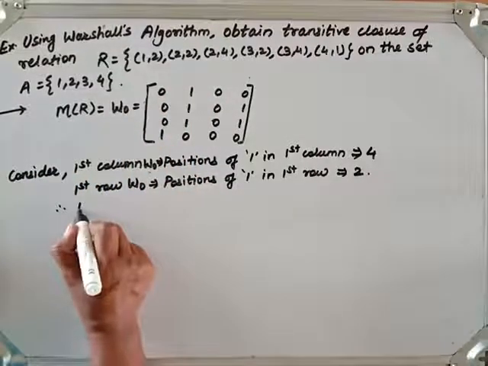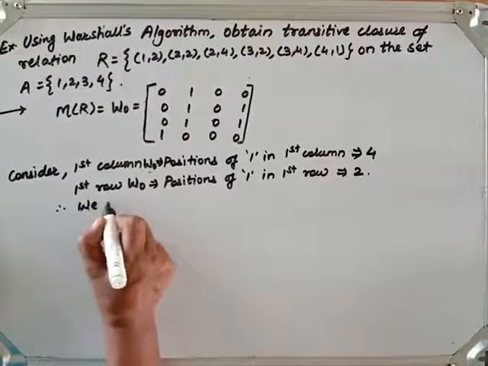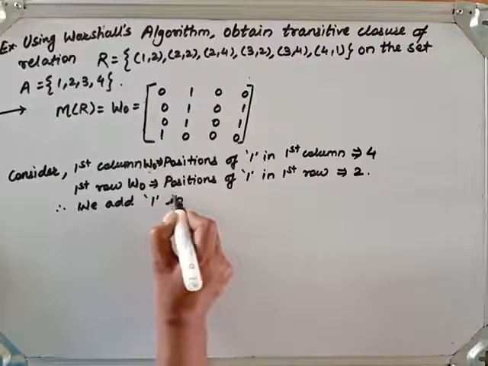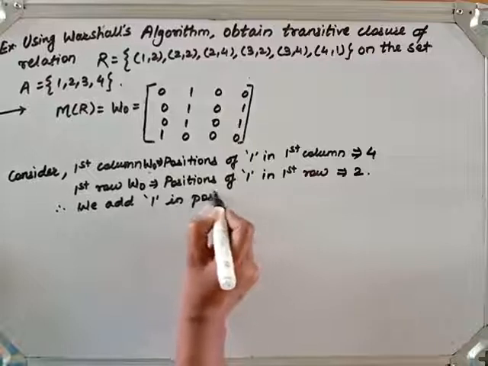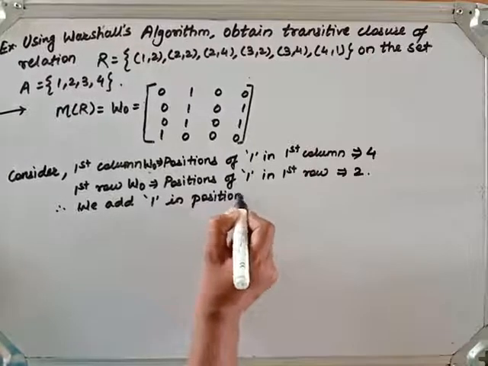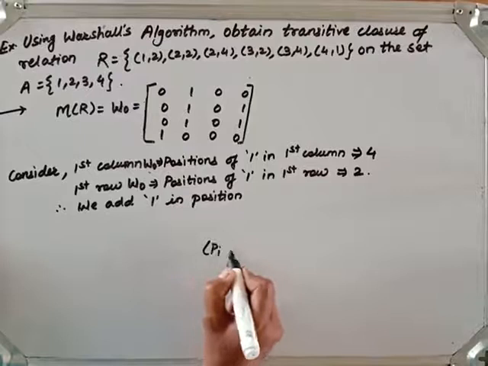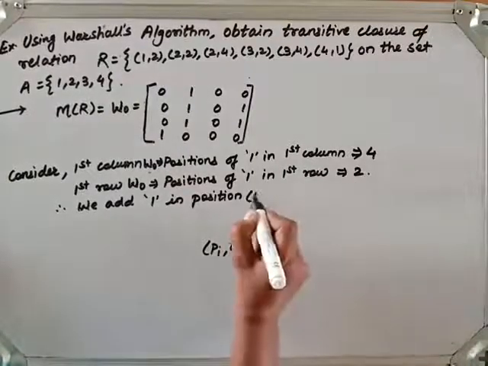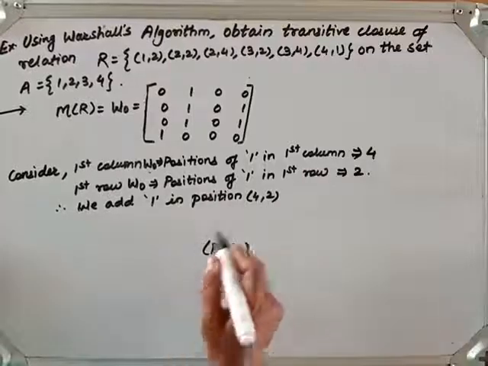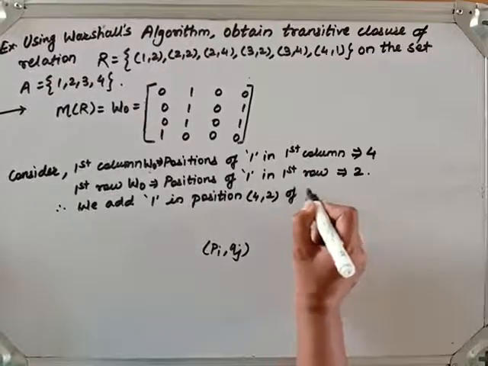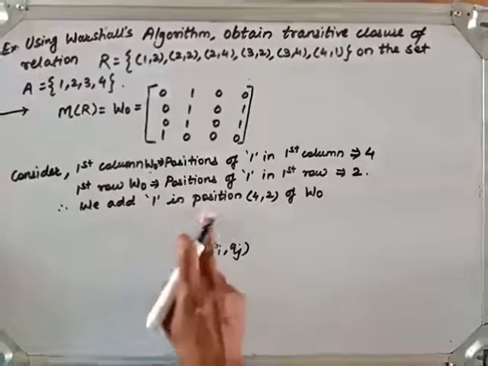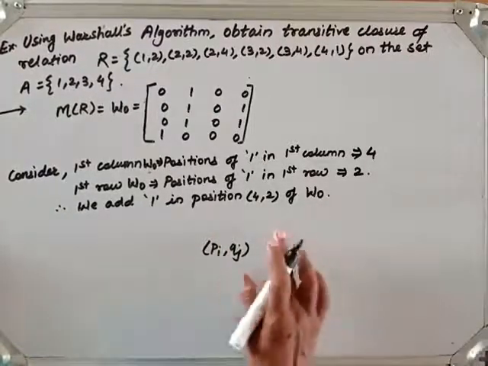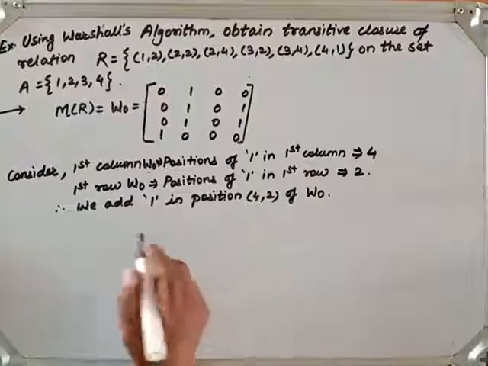Therefore we add 1 in position, as in the algorithm we wrote Pi, Qj, so here (4, 2) of W0. We add 1 in position (4, 2) in W0 and that gives us W1.